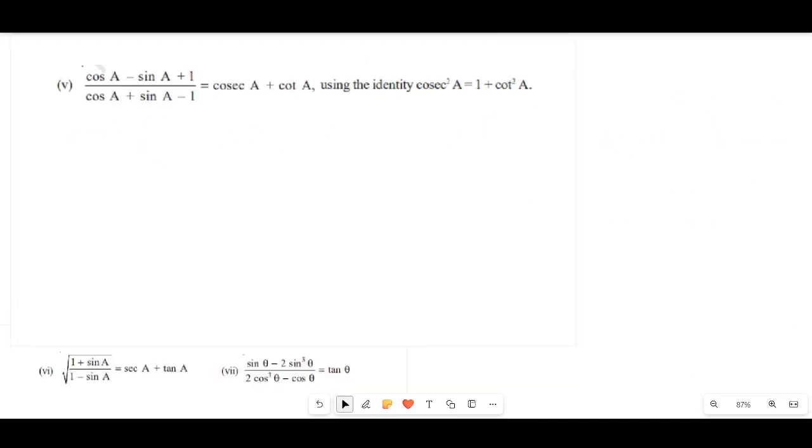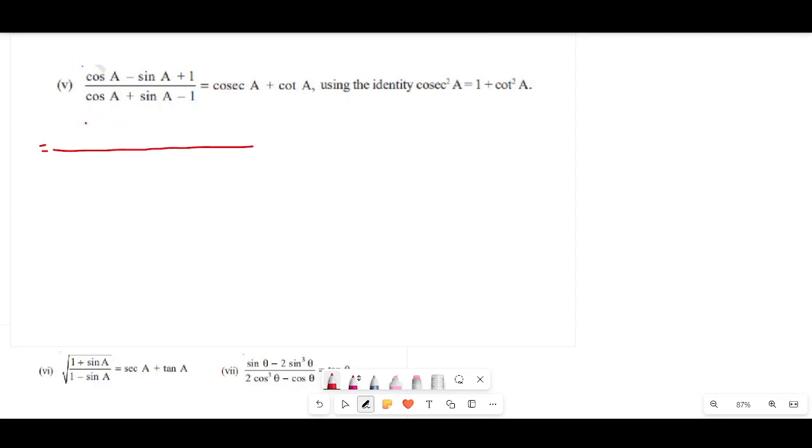Now come to the fifth part of the question. Here (cos a minus sin a plus 1) upon (cos a plus sin a minus 1) equals cosec a plus cot a. If we want to use this identity, then we should convert in cot a. So how can I convert it? If we divide by sin a, then we can write this question: cos a upon sin a.